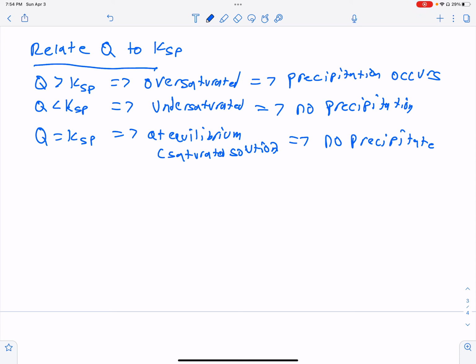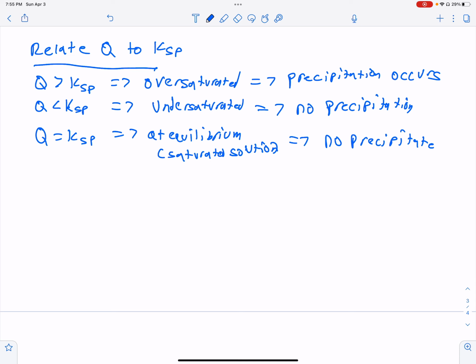If I keep adding sodium chloride, it's not going to dissolve anymore because I exceeded the solubility, and you're just going to end up with extra sodium chloride floating around that's not dissolved. That's oversaturated. Undersaturated means I haven't reached that maximum solubility yet, so I could keep dissolving more sodium chloride. However, I'm not. So it's undersaturated. It hasn't reached that saturated point yet.